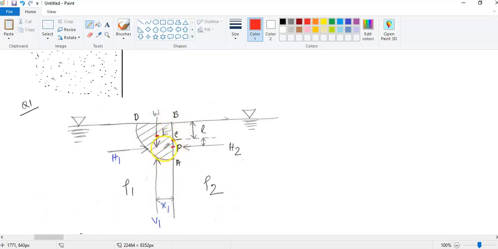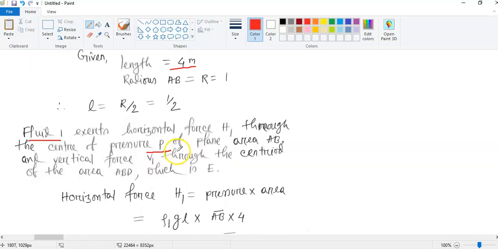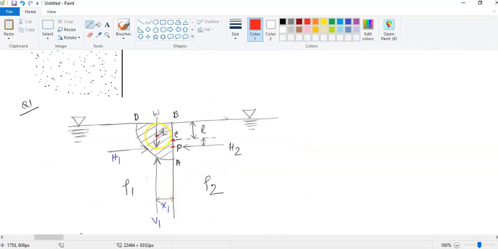This is the plane area AB, and this is the center of pressure P. And the vertical force V1 acts through the centroid of the area ABD, which is E. So the vertical force is coming this way. That's the horizontal and the vertical force.